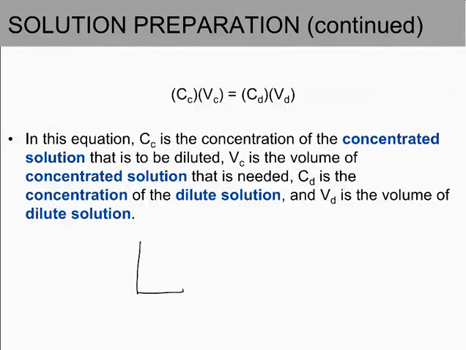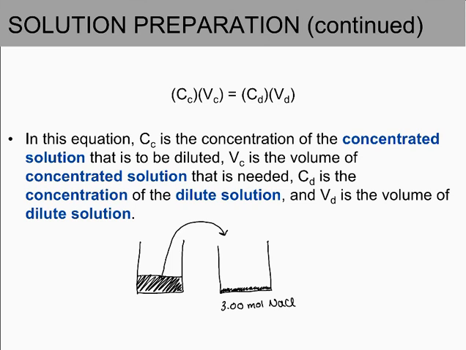So if we have our more concentrated solution, again, we can take a small portion of that. So let's say this is our small portion of our more concentrated solution, and let's say that there are 3 moles of sodium chloride in that small portion that we just pulled out.